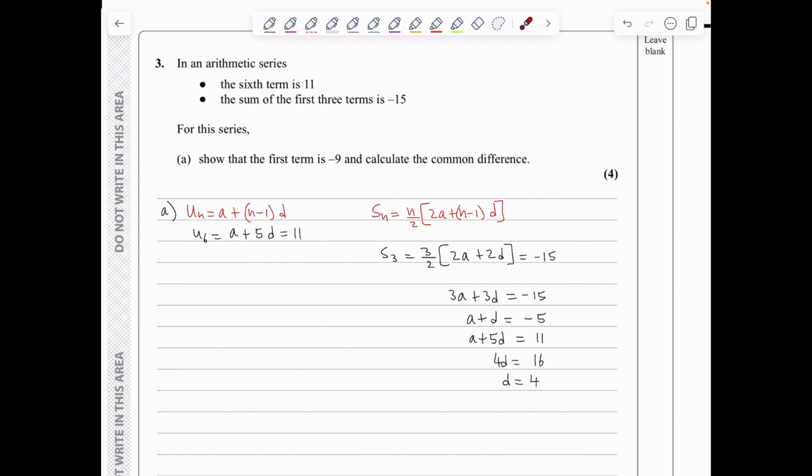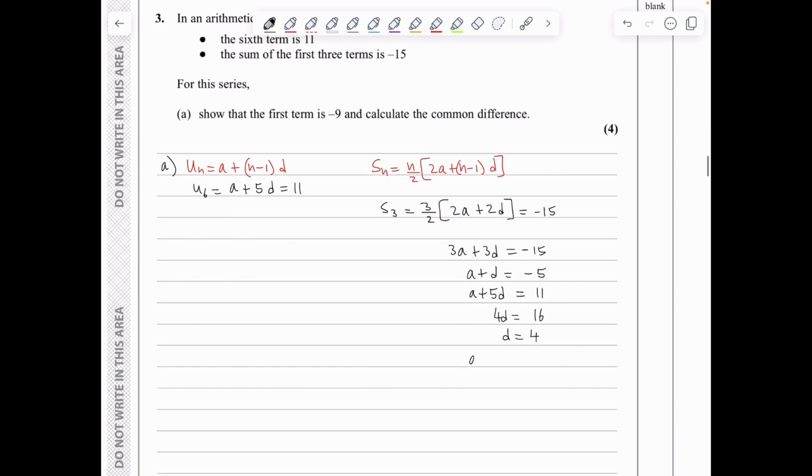So going back to a plus 5d is equal to 11, we've got that a plus 5 times 4 is equal to 11, and therefore a plus 20 is 11, leading to a being negative 9 as required.